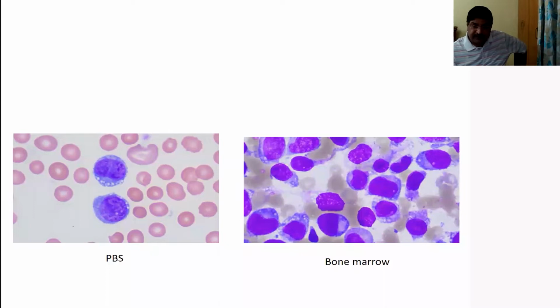But the presence of mere vacuolations in the cytoplasm or in the nucleus doesn't make it Burkitt's leukemia lymphoma till the time you demonstrate the 8;14 translocation, which you find in Burkitt's leukemia lymphoma. So it is important that you do cytogenetics to demonstrate that this has the 8;14 translocation. Next.